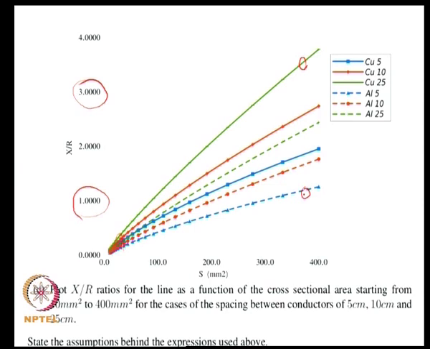Then, some of the assumptions behind the nature of these curves: we have assumed that the relative permeability of the material is 1. So, you are assuming that there is no magnetic material in the wire. Some of the overhead lines might have steel reinforcement to carry the weight of the wire, so we are ignoring things like that.